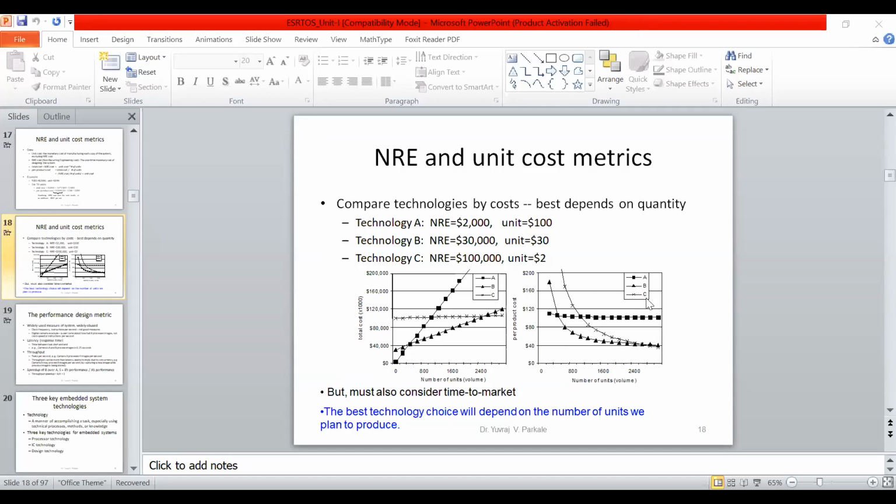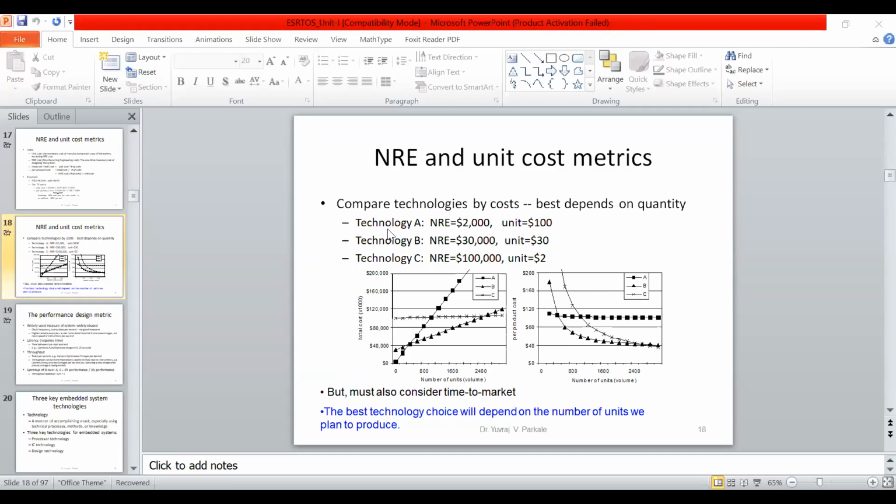For technology C, if the number of units is lesser, the cost is very high, but as you increase the number of units, the cost goes on decreasing. So I can say that technologies B and C have a good advantage if you increase the number of products. What is the criterion to select the technology?